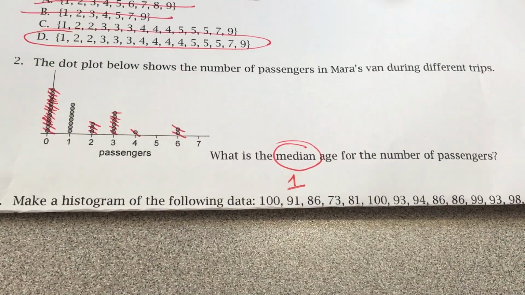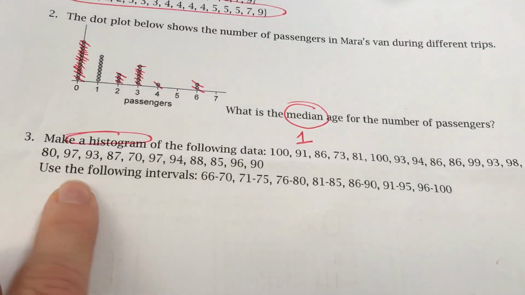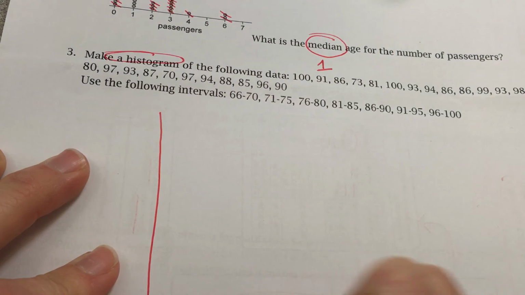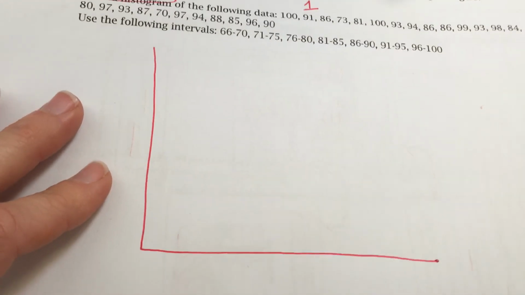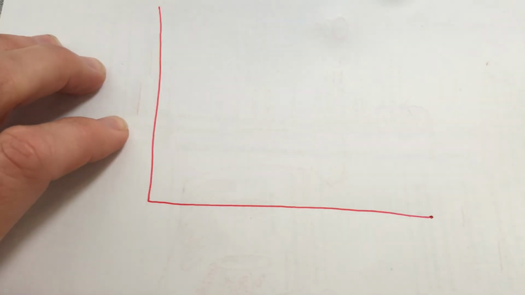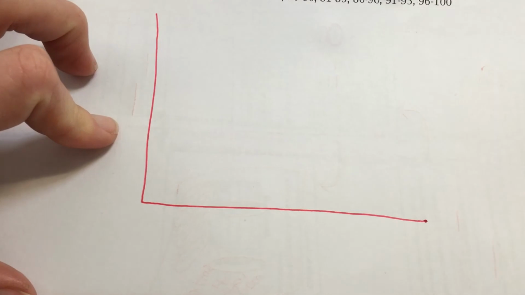Questions? Okay, make a histogram of the following data. Use the following intervals. So it's going to be like this. You have to have a chart or a graph. Where are the intervals going to go? On the bottom.